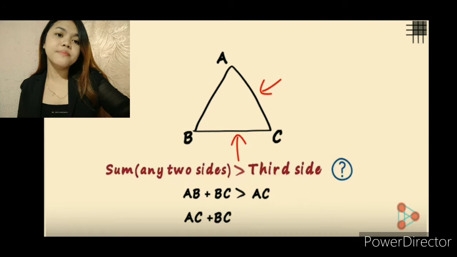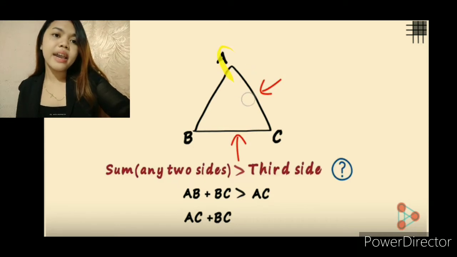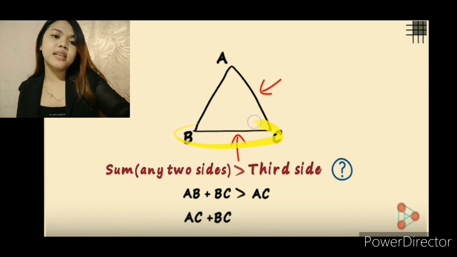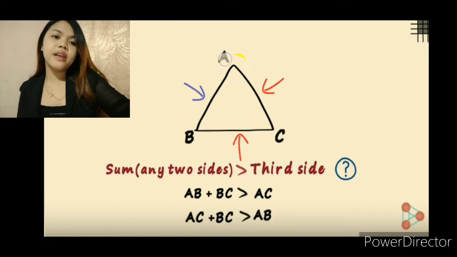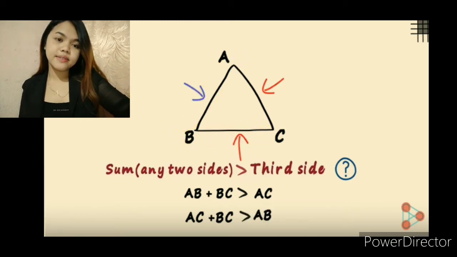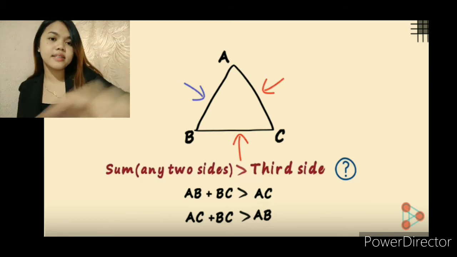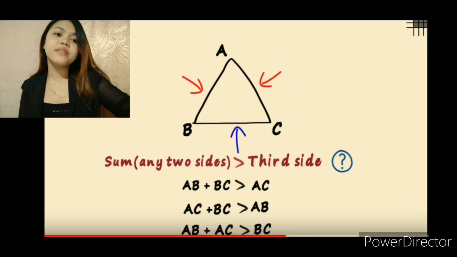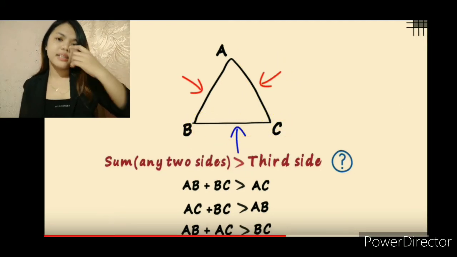Next, we have AC plus BC is greater than AB. So any two sides greater than the third side. And the last one, we have AB plus AC is greater than BC.